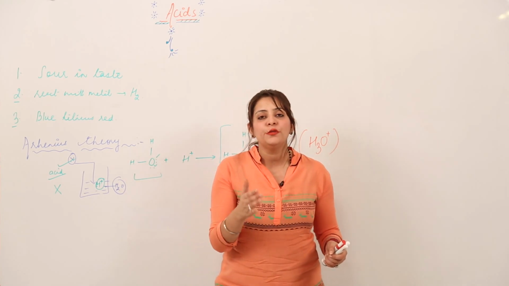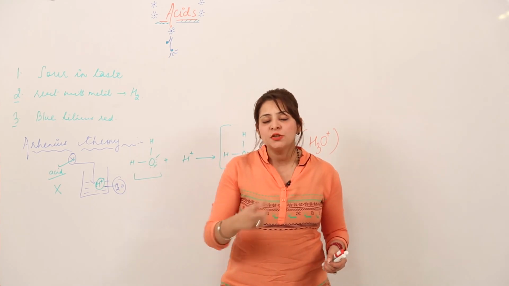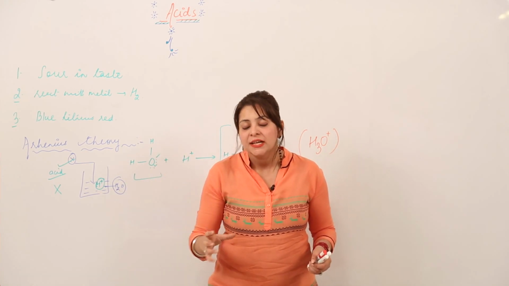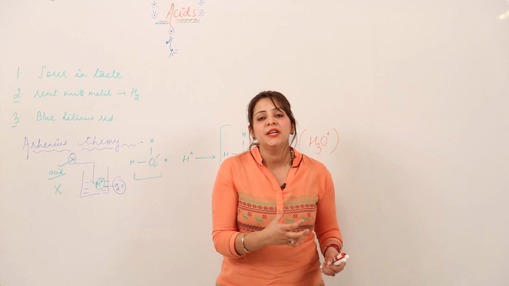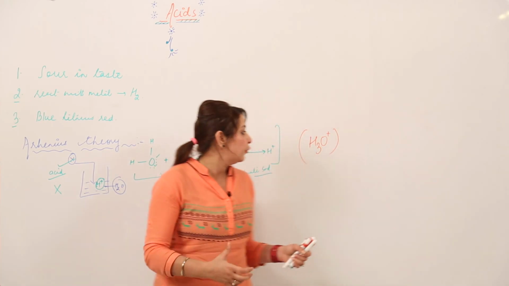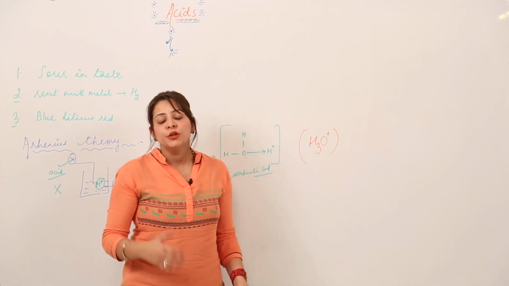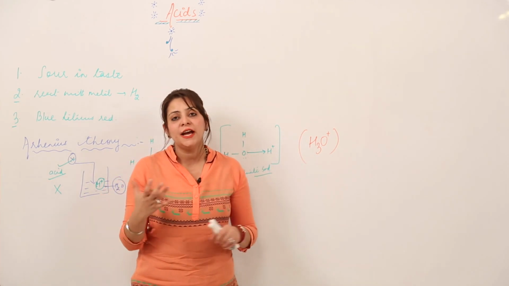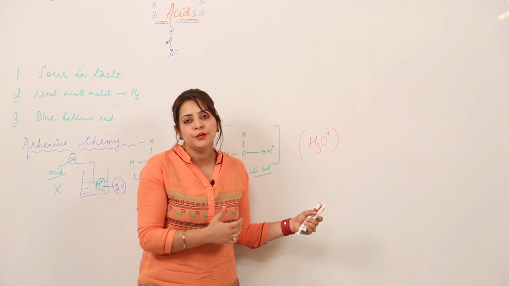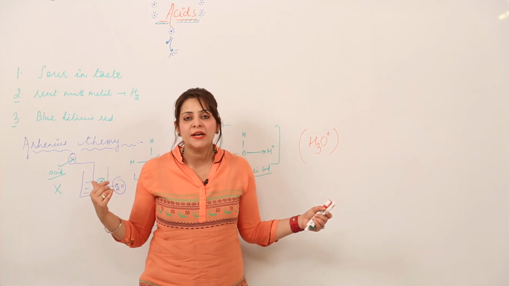Now you know where this word hydronium came from. The substance, when dissolved in water, gave hydrogen ion, right. That hydrogen ion combines with the water molecule by a coordinate bond to form this hydronium ion. So instead of writing the hydrogen ion, you will be writing the hydronium ion. It will be an appropriate definition to add to the Arrhenius theory for acid, right.